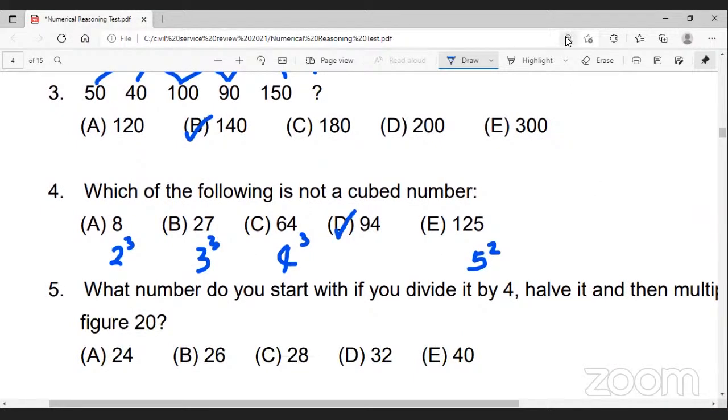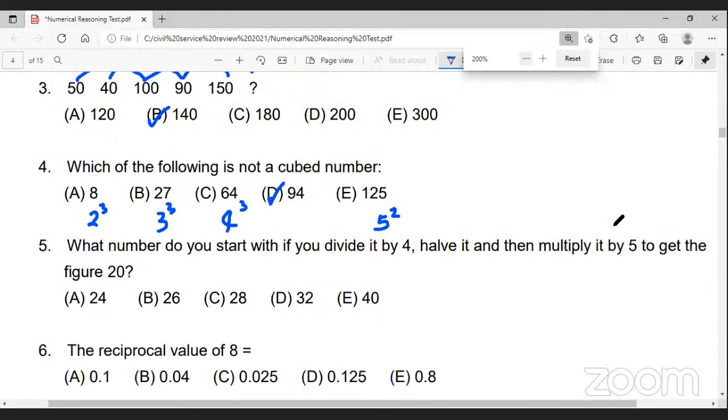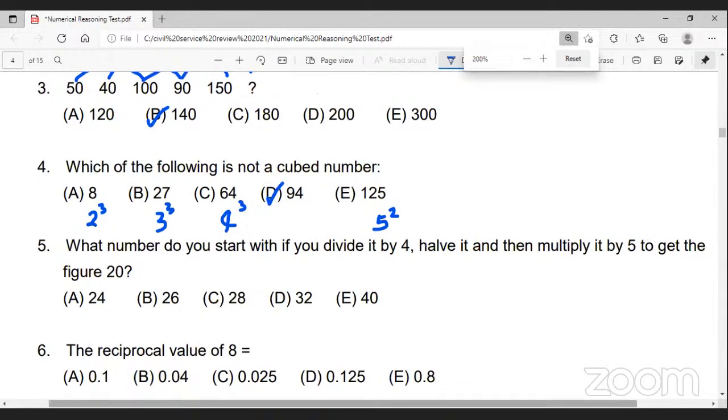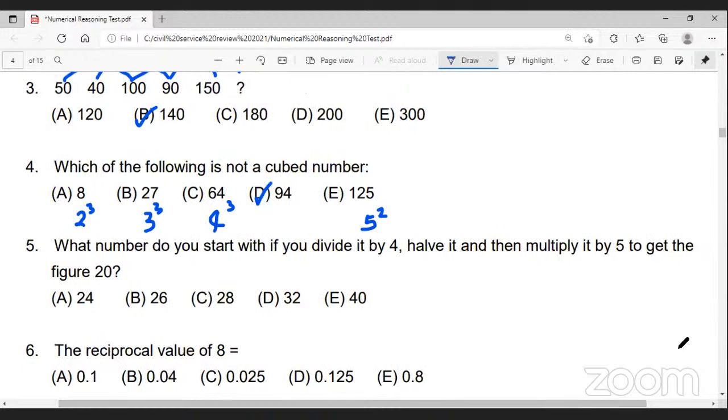Number 5. I already introduced to you the strategy for this item. What number do you start with? If you divide it by 4, get the half of it, and then multiply it by 5 to get the figure 20. Can you still apply the working backward strategy for this item?